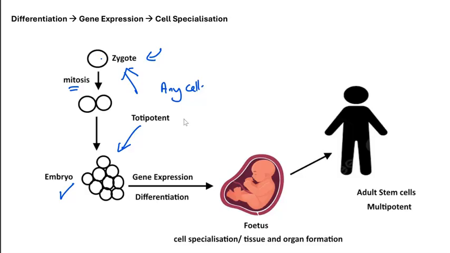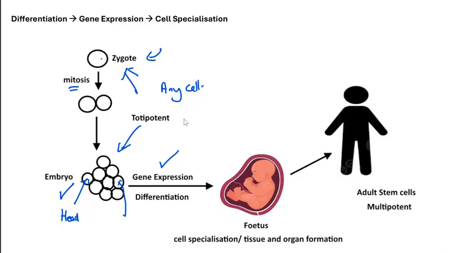However, as we move forward in development, the embryo undergoes what we call gene expression. What this means is that within some cells, genes will be switched on, which will create structures that we associate with the head, for instance.